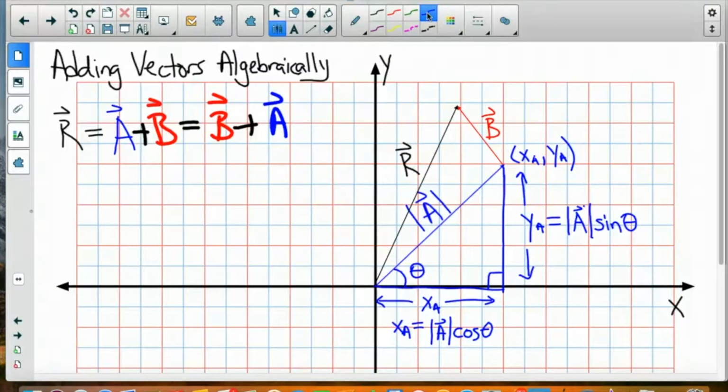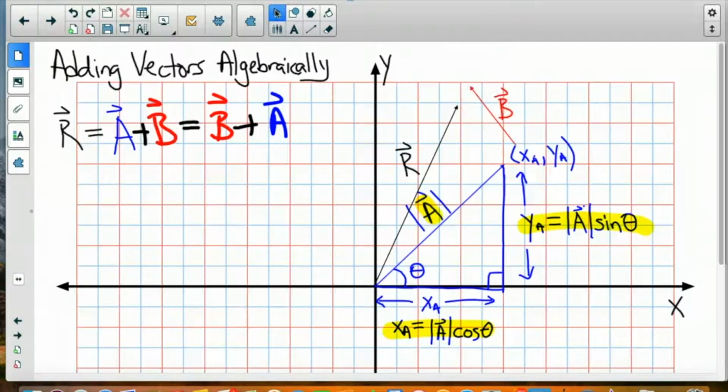So how do I do that algebraically? Just like I did with A, where I broke it into its x components and y components based on the right-angled triangle, I can do the exact same thing for B. Remember, I can slide any vector anywhere in the coordinate system that I like, even to start at the origin.